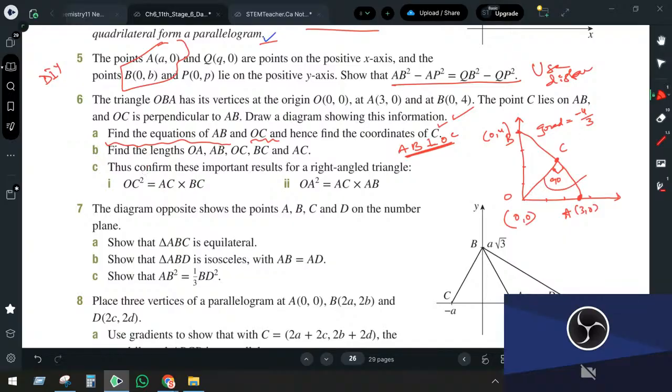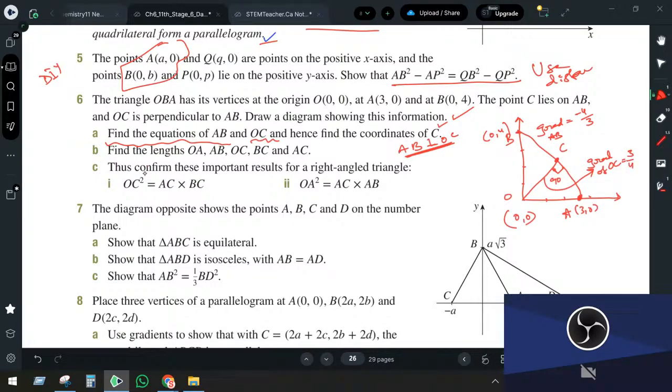And what is its gradient? What is the gradient of OC? Gradient of AB is minus 4 by 3. Gradient of OC? 3 over 4. 3 over 4. Very good. 3 over 4.